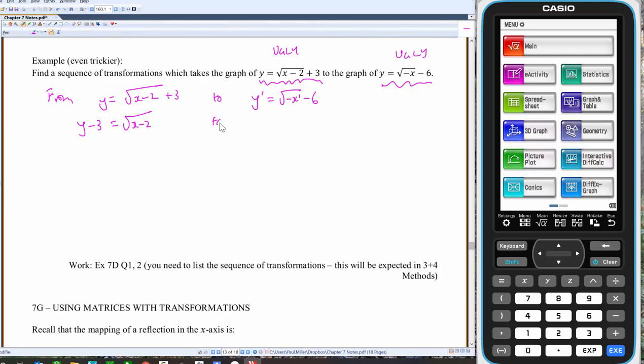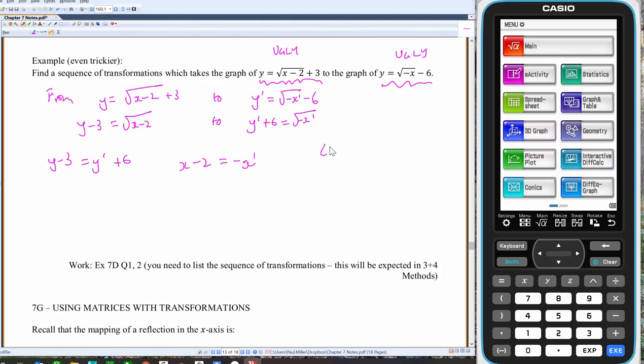And this one here is going to be y dash plus 6 equals root negative x dash. Now we're going to pair the y's. So y take 3 equals y dash plus 6. And notice that because we're going from ugly to ugly, the algebra comes out a little bit differently. x take 2 pairs with negative x dash.